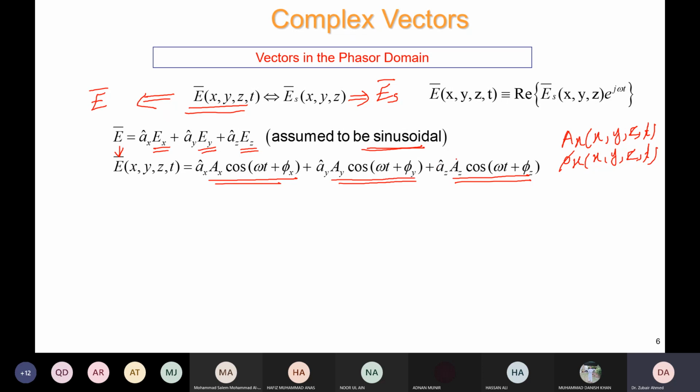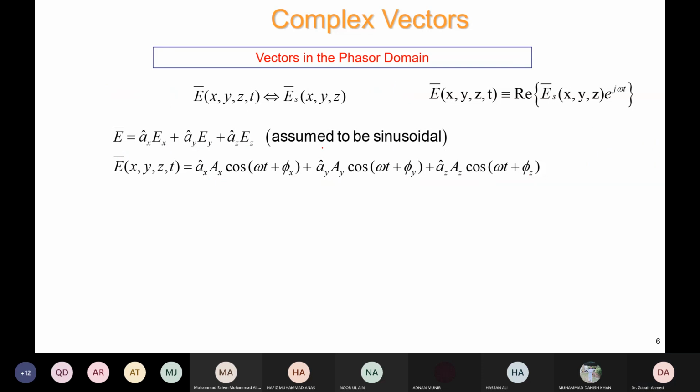It is not necessary that it's just a constant. So this was the time domain signal, our instantaneous vector field.